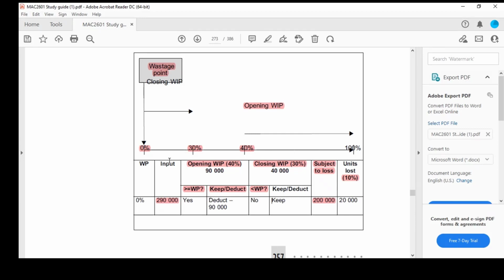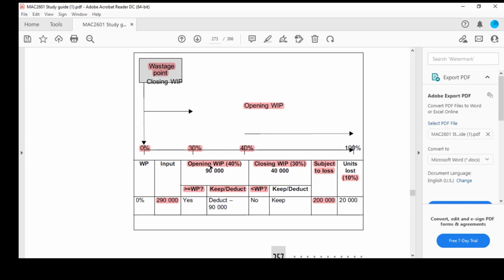But you just have to ask yourself, is it greater than your wastage point? Because remember, we said normal loss is experienced on units that passed the wastage point, meaning they were coming from somewhere, and they passed, not the ones that are added after the wastage point.